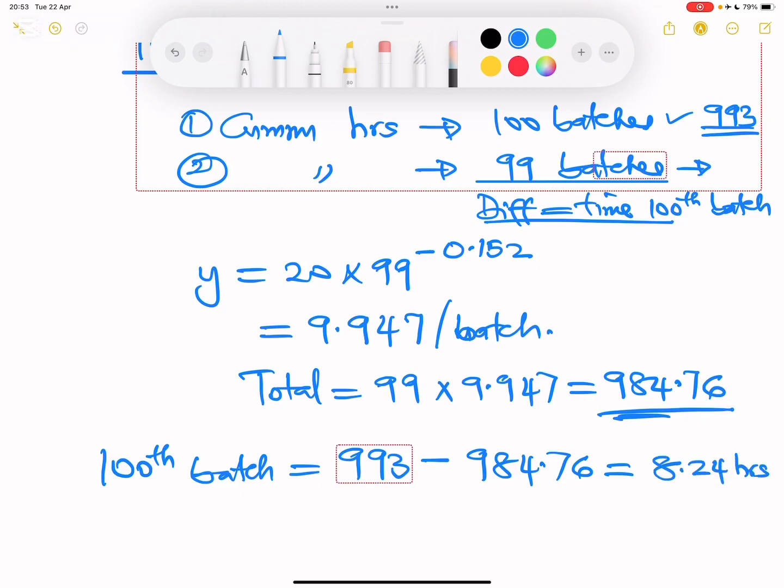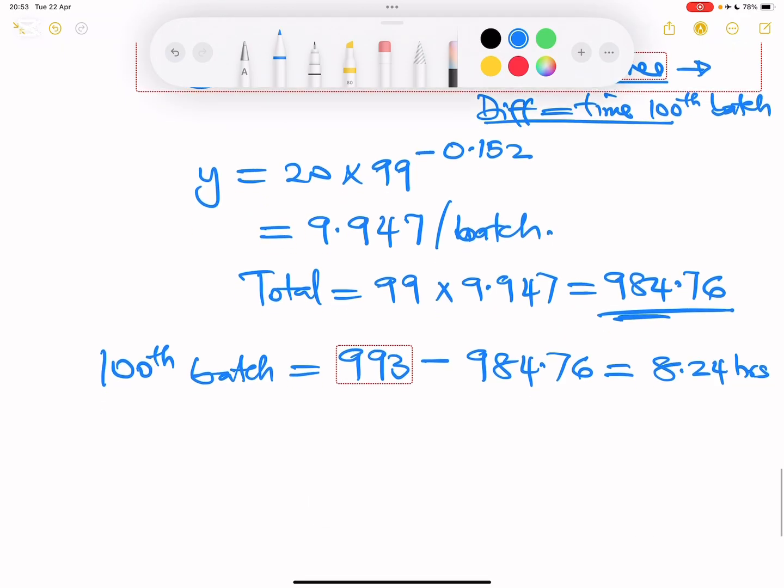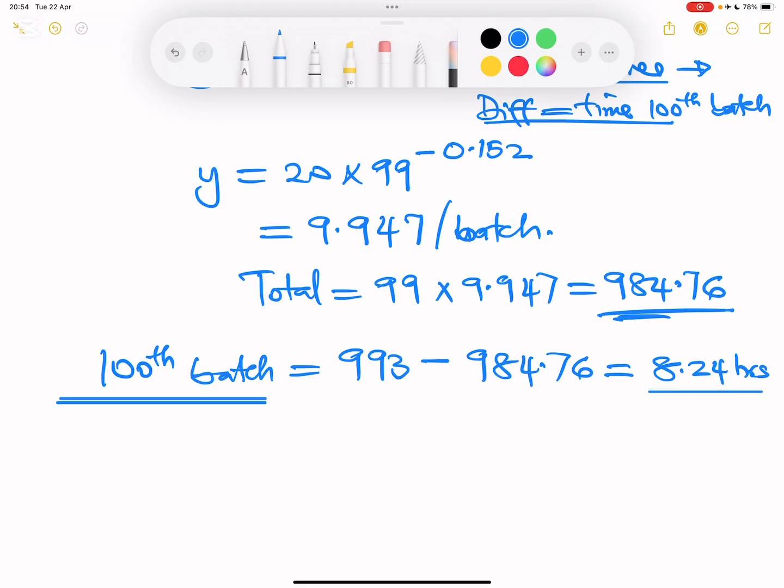So it must have taken 8.24 hours to actually produce the 100th batch. And what this means is that any batch that we produce after this 100th batch will be produced using 8.24 hours per batch.